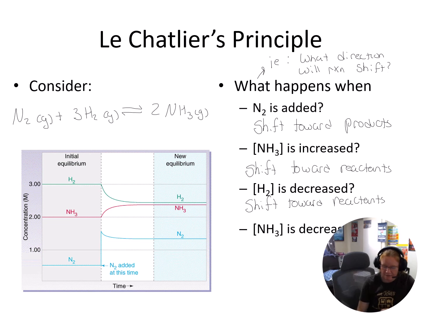All right, and what if I pull out some of that ammonia? Okay, which direction am I going to shift there? Well, ammonia is a product, and if I take away some, I need to reform more, so we'll shift toward products. Okay.